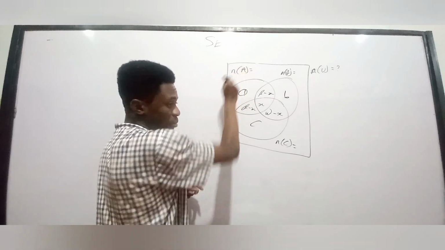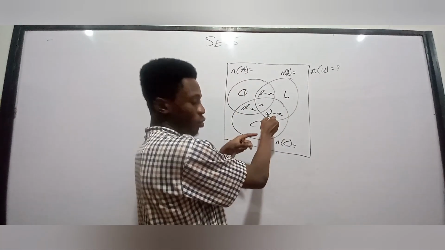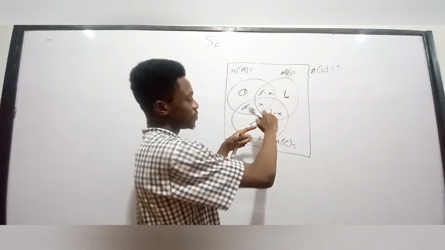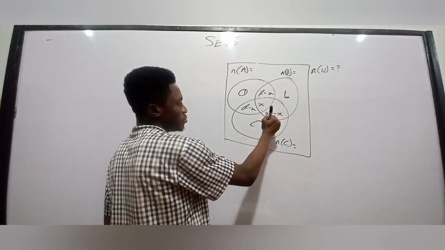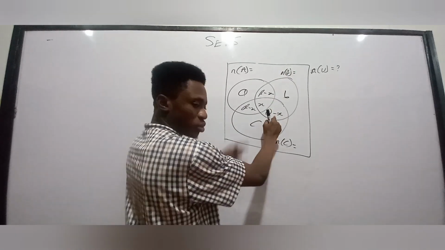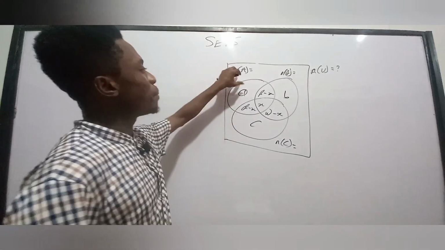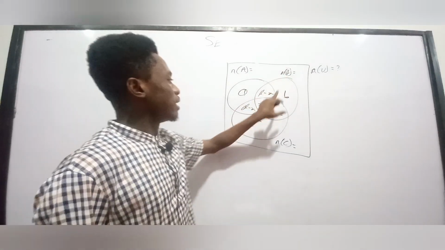That's why I subtracted the x. And this side, which is the omega sign, is Canadians and Brazilians only. That's why I've subtracted the x. So sometimes they will give you Americans and Brazilians.